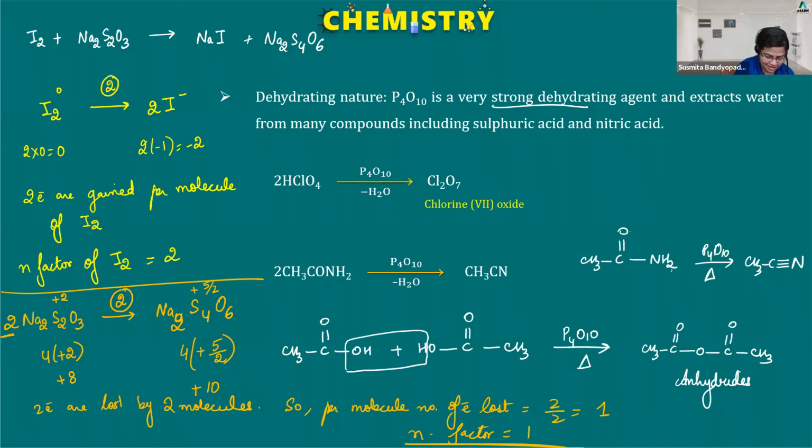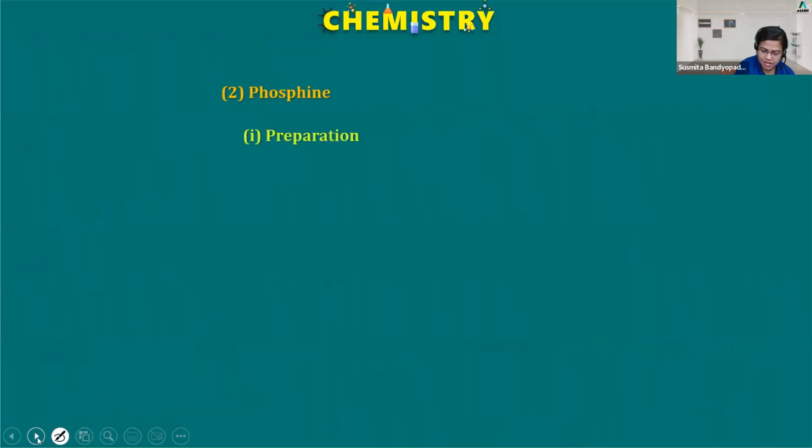Fine. Let's continue then. Phosphine. Students, if phosphine is PH3, I told the easy one. What is phosgene? Faizan says heating of P4 with NaOH solution gives Na2HPO2 plus PH3, as we saw in the last class.